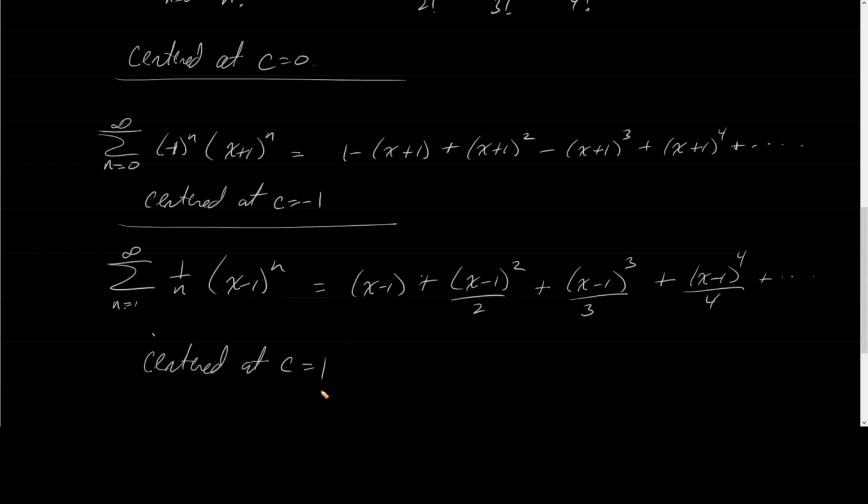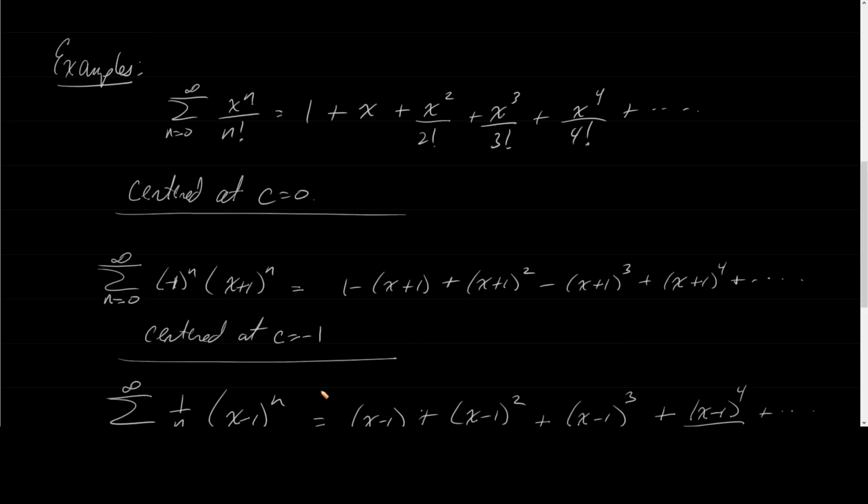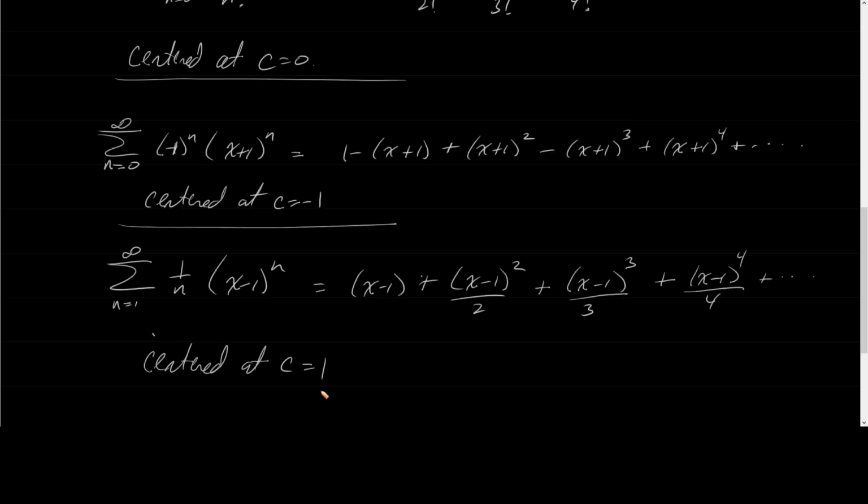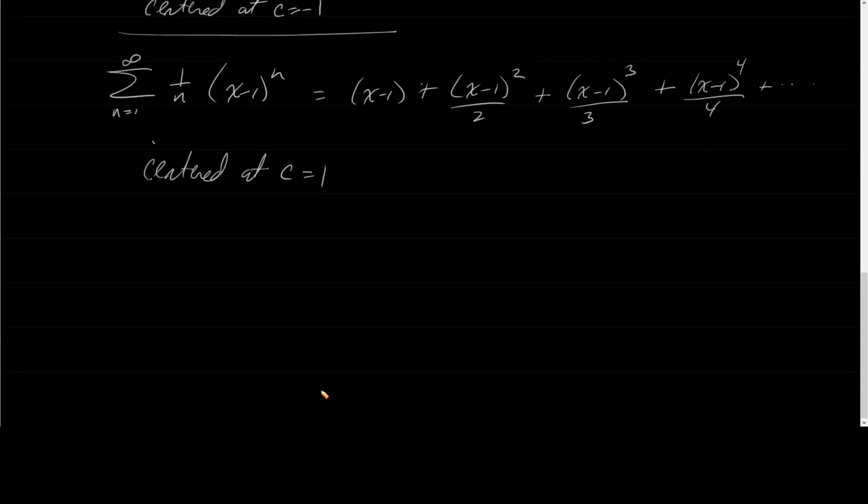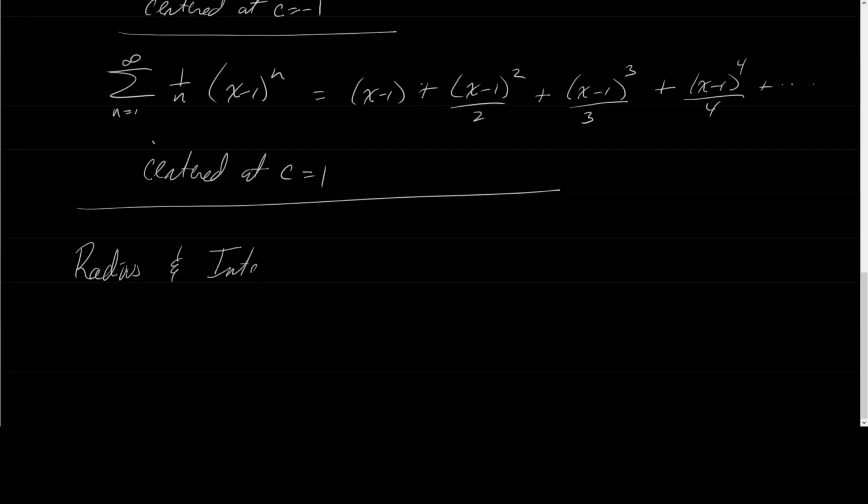All right. We had already sort of discussed power series, in the sense that we had worked with some of these, but we hadn't called them that. Now let's discuss something called the radius and interval of convergence.